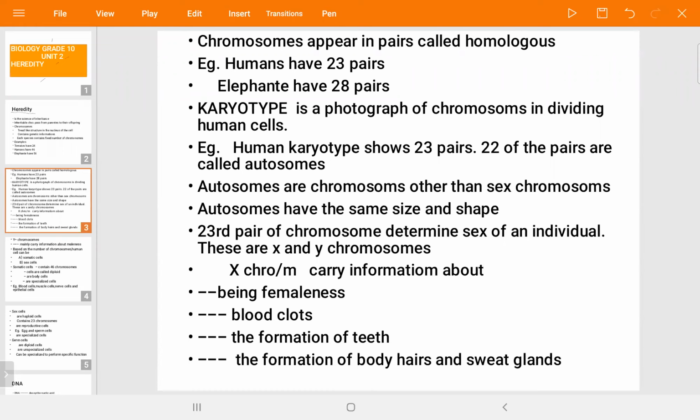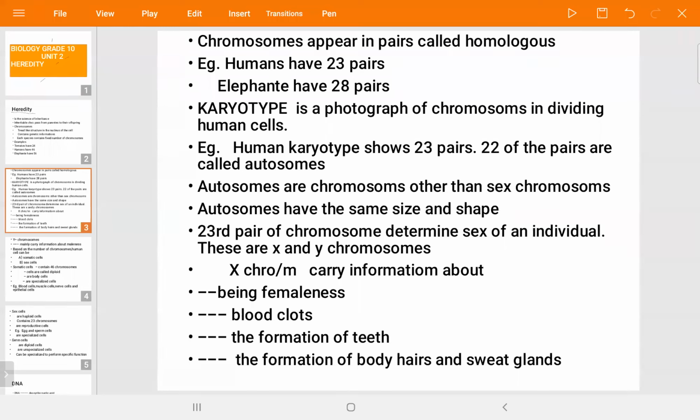They are equal in size. They have the same shape. What's more, in the case of autosomes, each pair determines the same characteristics.